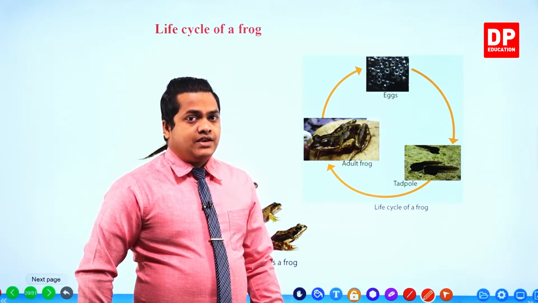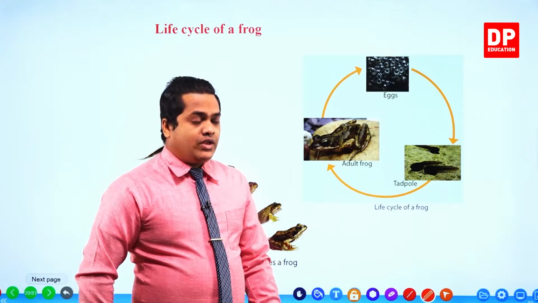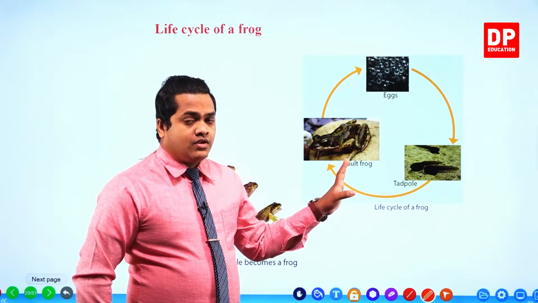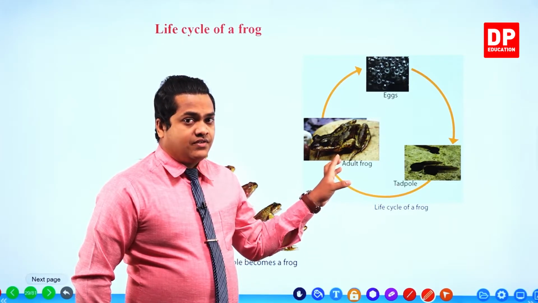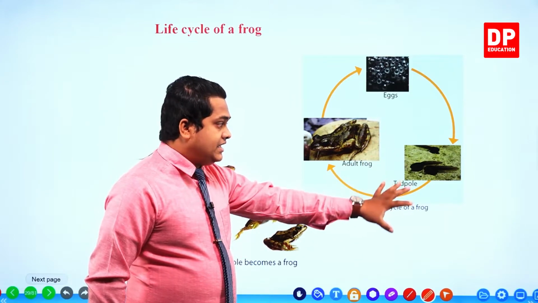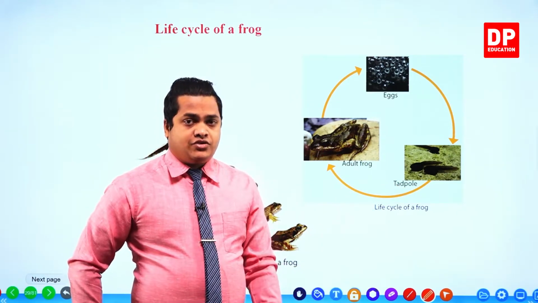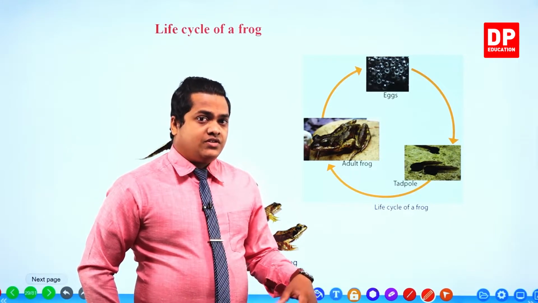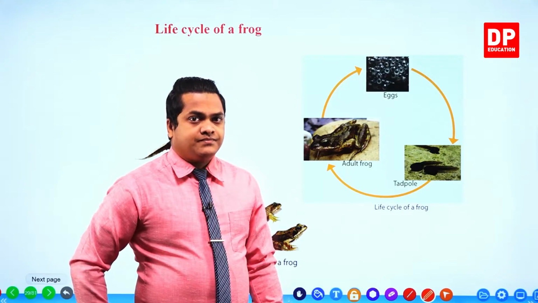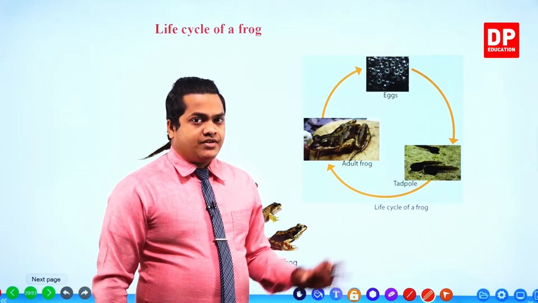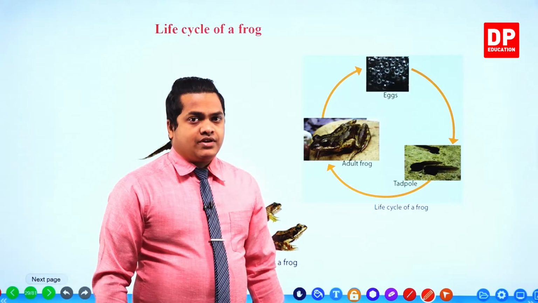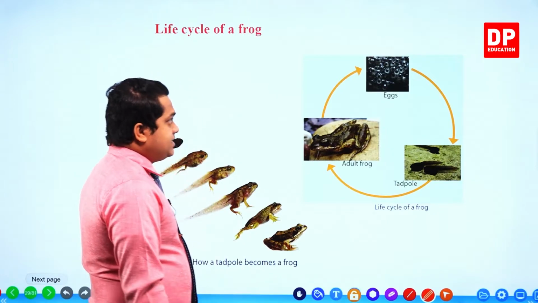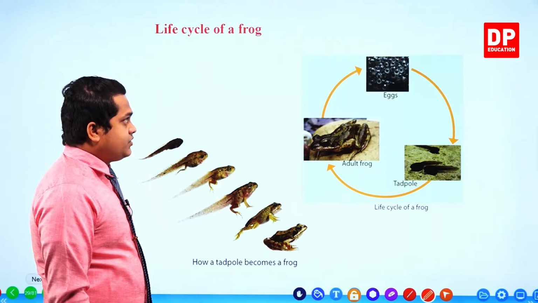There is a complete difference between the tadpole stage and the frog stage, with dramatic changes in their morphological and physiological features. So my dear children, the frog is a good example of an organism that shows complete metamorphosis. This is how the life cycle of a frog occurs.